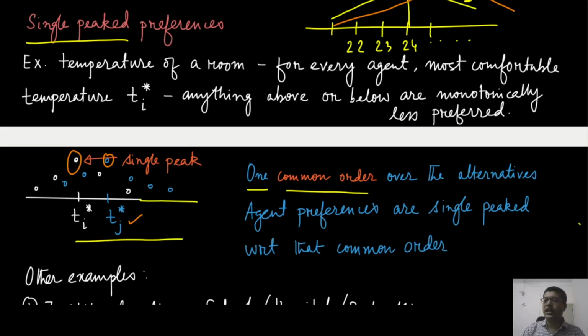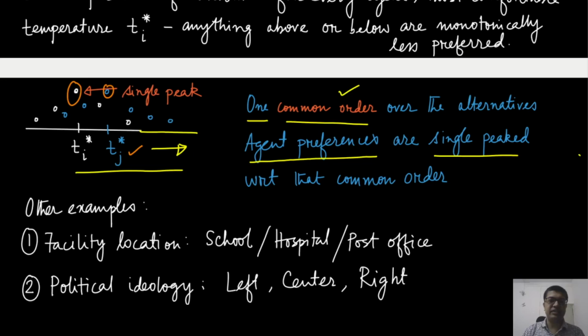What we notice here is that there exists a common underlying order of all the alternatives, which is the real number ordering over these temperatures. And for single peak preferences, these preferences have a single peak for every player with respect to this common order. So this actually makes a bit of a restriction. We'll see that very soon.